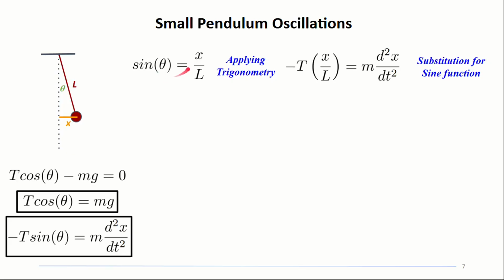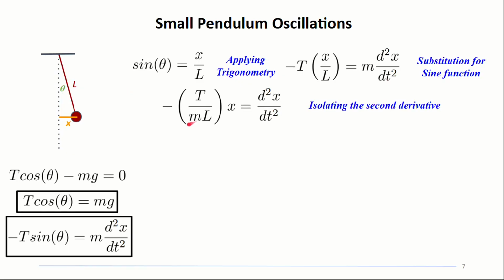What is sine of theta equal to? x over L. We put in x over L for sine theta, and thus we get this on our left-hand side, and then we set this equal to m times our acceleration. With this, we can isolate the second derivative, where I'm just dividing both sides of this equation by m, and what I get is simply this here.